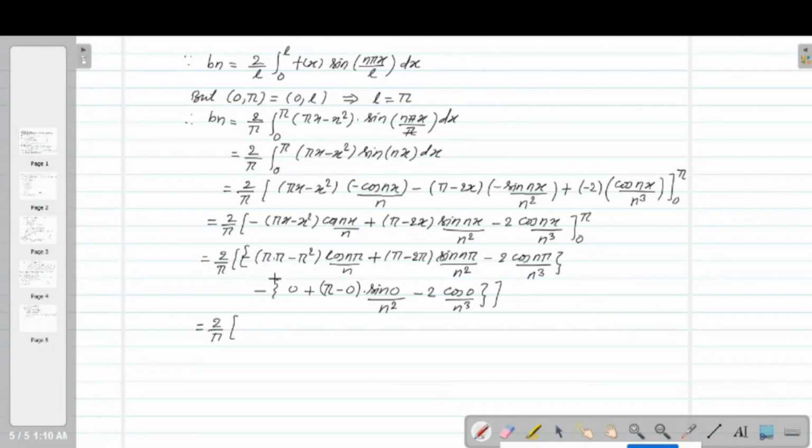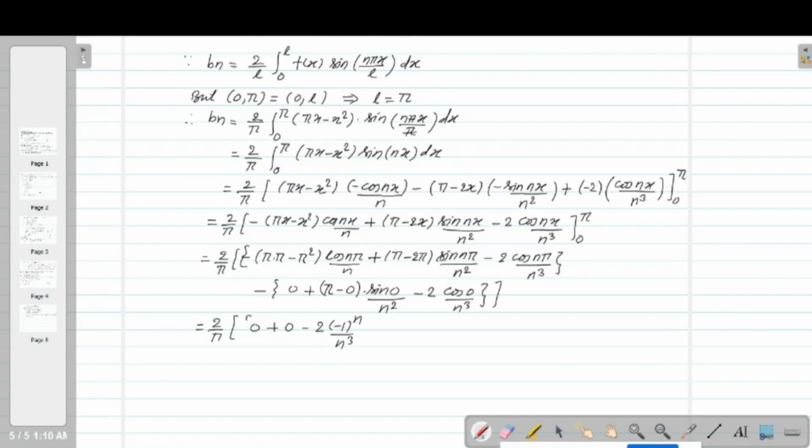And see here, pi square and minus pi square becomes 0, so 0 multiplied by this is 0. Here you will have pi minus 2 pi, that is minus pi, but sine n pi is here, so this also becomes 0. And minus 2 times cos n pi is minus 1 raised to n by n cube.